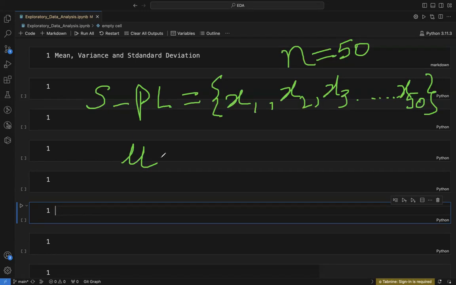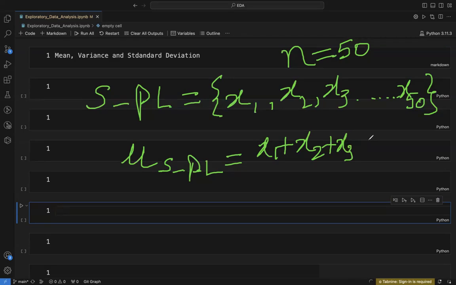So mu of Setosa petal length is the sum of x1 plus x2 plus x3 and so forth till xn or till x50, divided by the number of observations, let's say n. x1 plus x2 plus x3 till xn divided by n. And I know my n is 50 here.